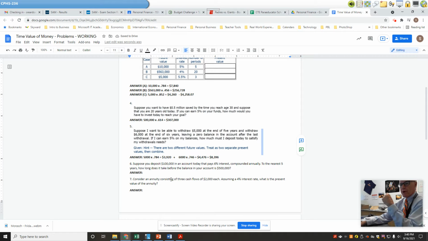Okay, suppose you deposit 100,000 in an account today that pays 6% interest compounded annually. To the nearest 5 years, how long does it take before the balance in your account is $500,000? So we're putting in 100,000 today. It's going to be worth 500,000 in the future.